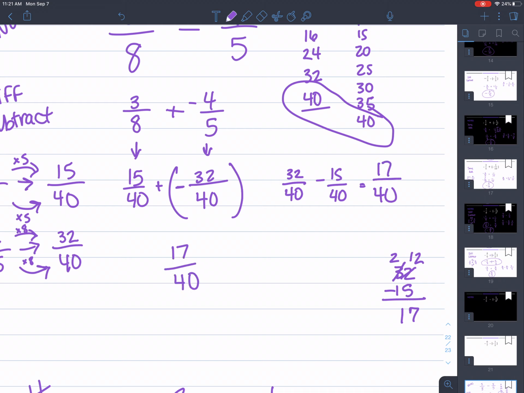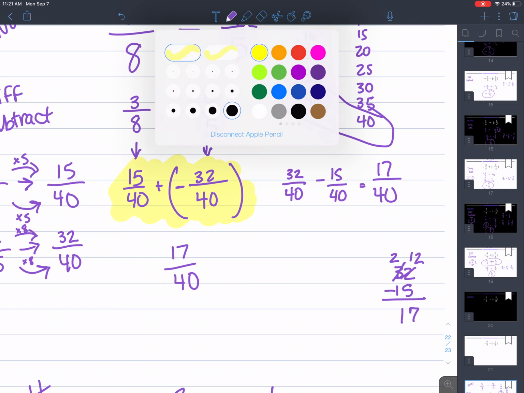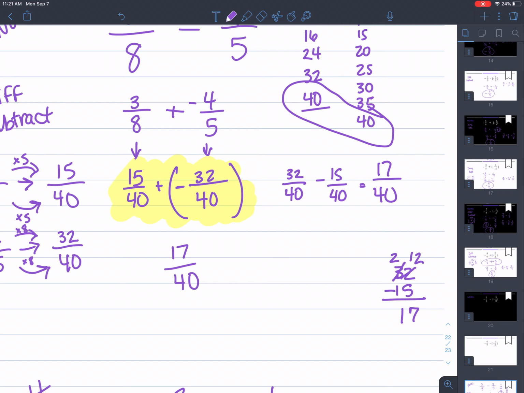And if you look back at the common denominators, it's a little hard to tell when we have two different fractions with different denominators which one's larger. But when we look at the 40ths, we see 32 is more than 15, so we have more negatives, which means our answer should be negative.